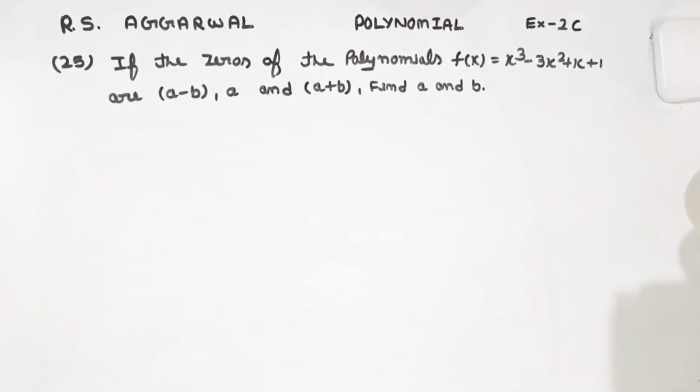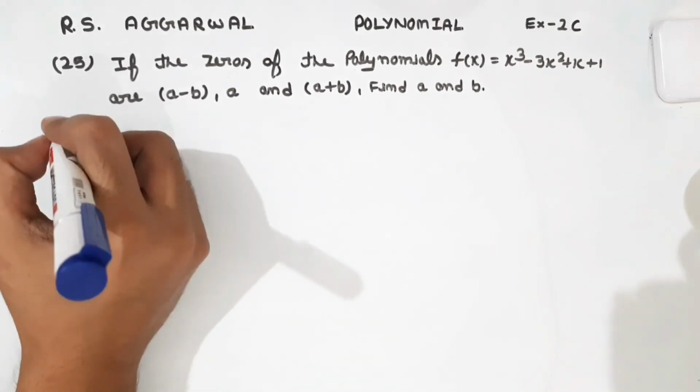R.S. Agrawal, chapter polynomial, exercise 2C, question number 25. If the zeros of the polynomial f(x) equals x cube minus 3x square plus x plus 1 are a minus b, a, and a plus b, then find a and b.